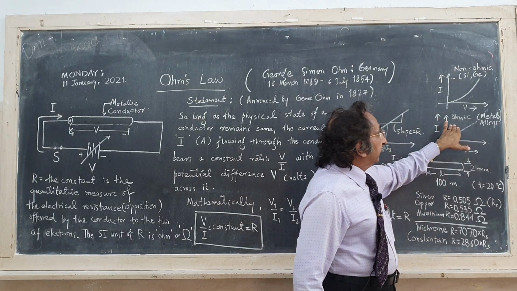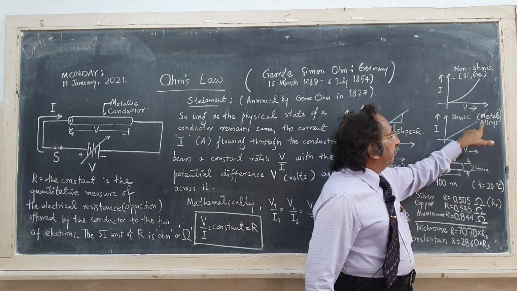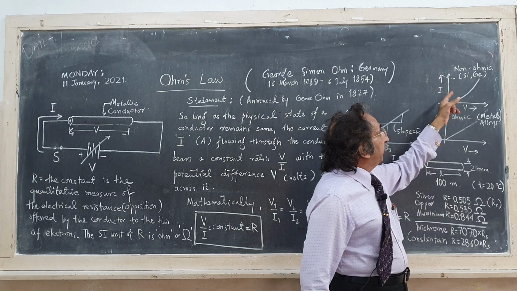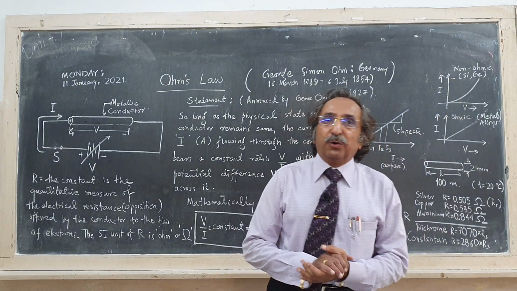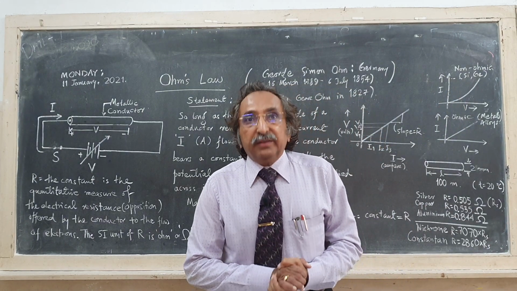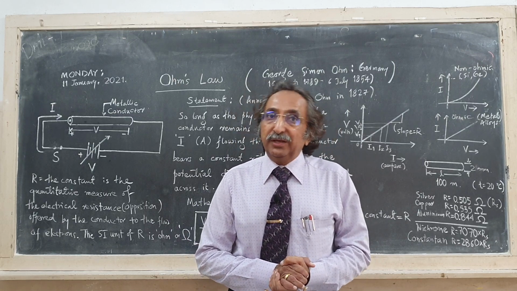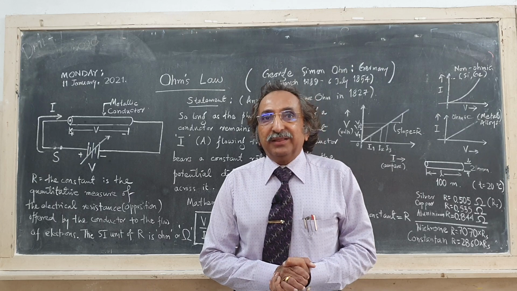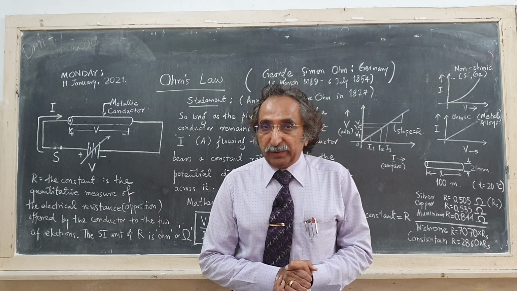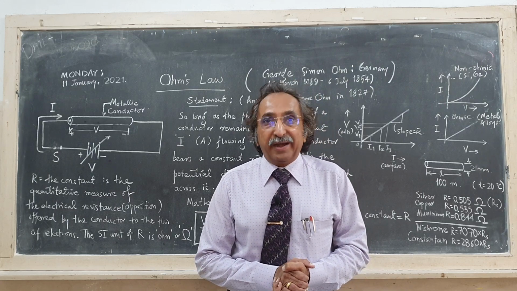Ohmic conductors are metals and alloys, and semiconductors like germanium and silicon are non-ohmic. They do have variation of current. The current increases with increasing voltage, but the behavior is not linear. More or less, it is parabolic.